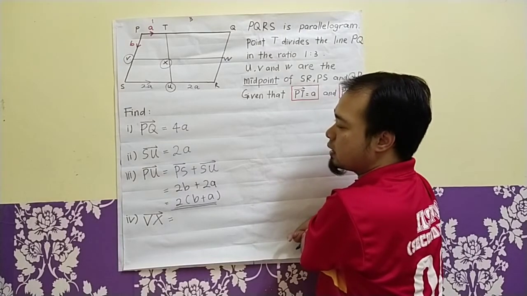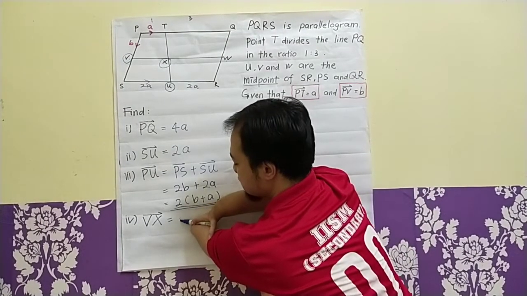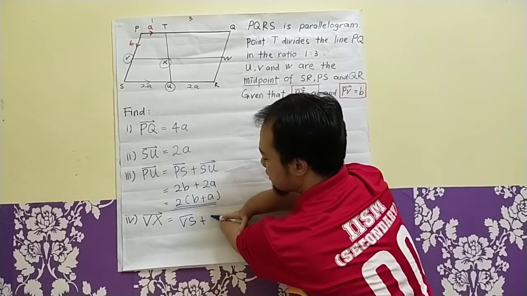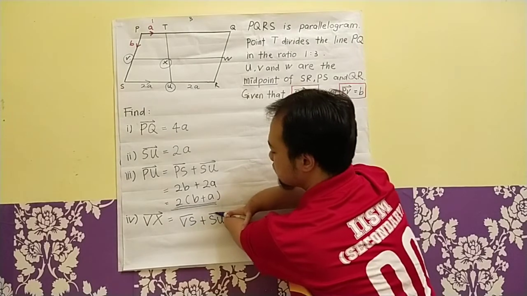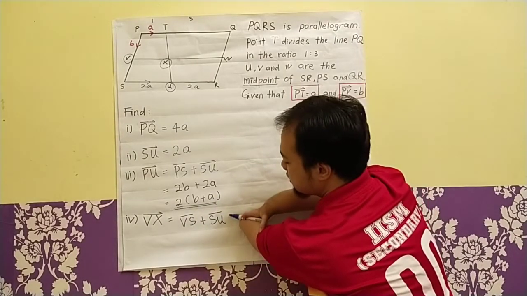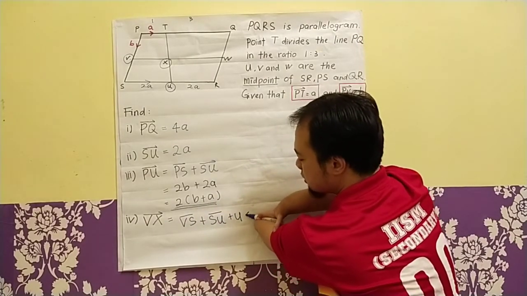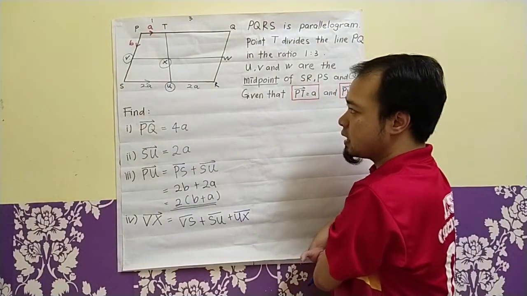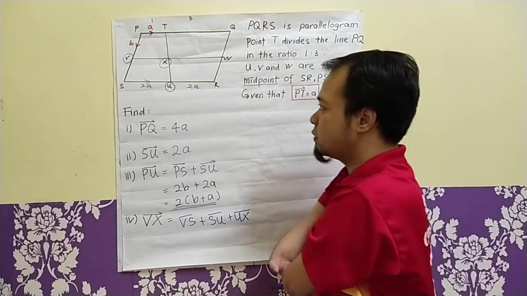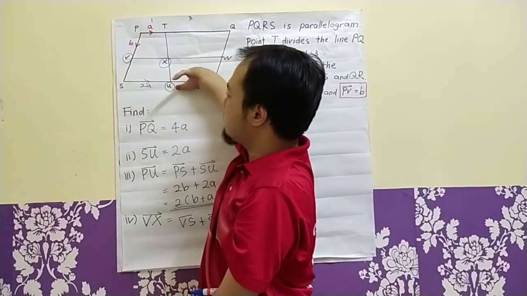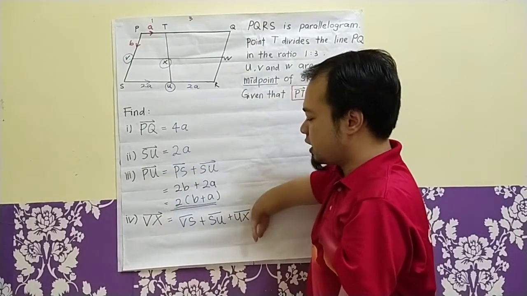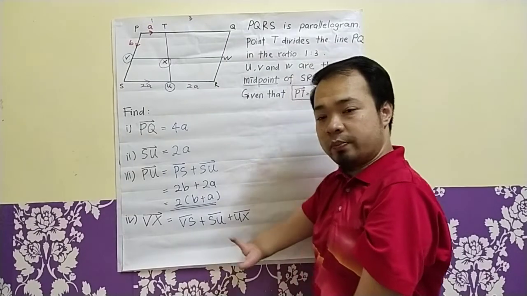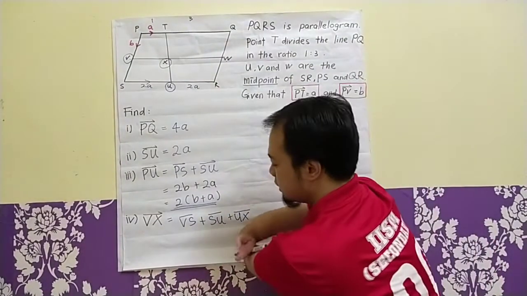From V to X, let's go VS, and then SU, and then UX. So I choose VS, SU, UX. You can also go VP, PT, TX. No problem. Okay, so continue.